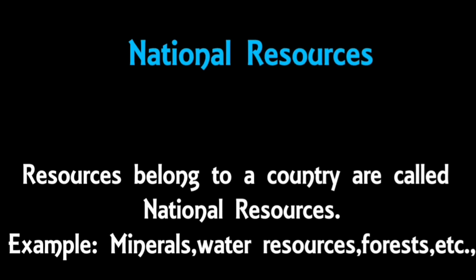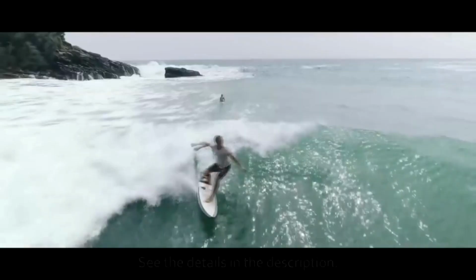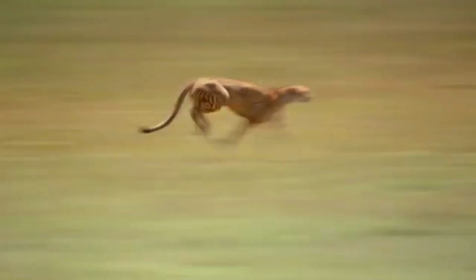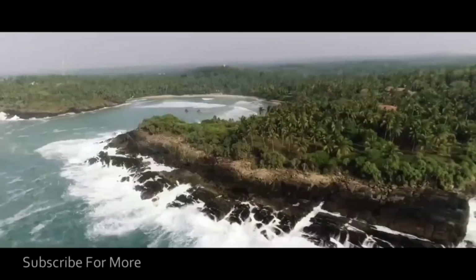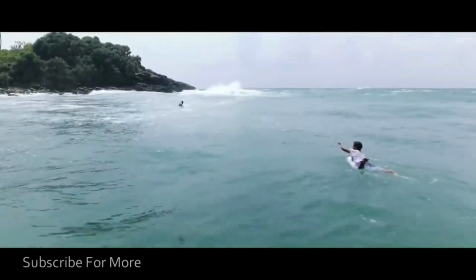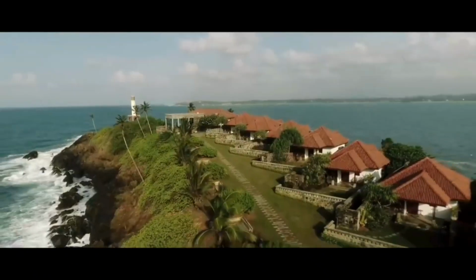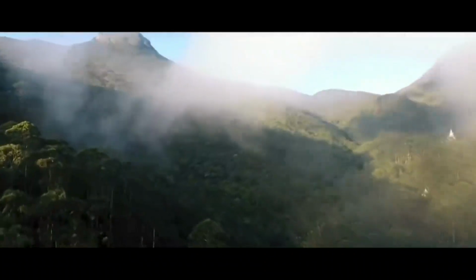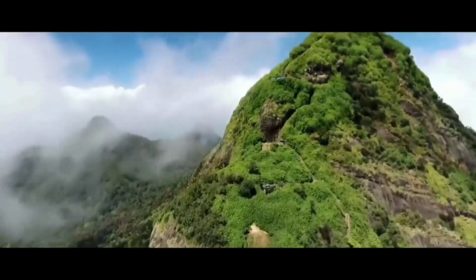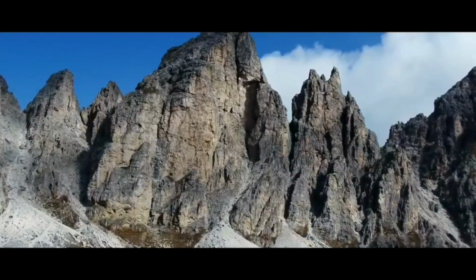Resources that are owned by a country or nation are referred to as national resources. Say, for example, mineral resources, water resources, forests, and wildlife, etc. Further, within the political boundaries, an oceanic area up to 12 nautical miles, that is 22.2 kilometers from the coast, is termed as territorial water, and resources therein belong to the nation.